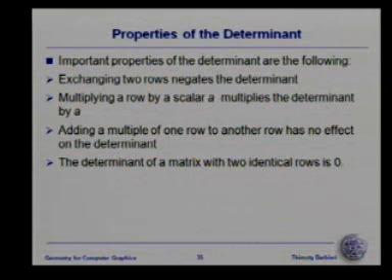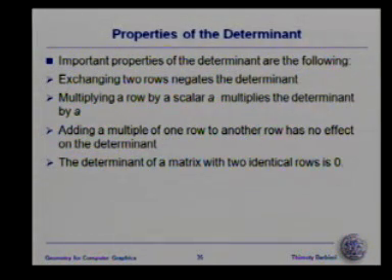Some important properties. If you exchange two rows in a matrix, you negate the determinant. That is, if the determinant was 3 of a specific matrix, you exchange the order, for example, of two rows. The first row you put as the second row, the second row you put as the first row. You obtain the same determinant in absolute value but with an opposite sign.